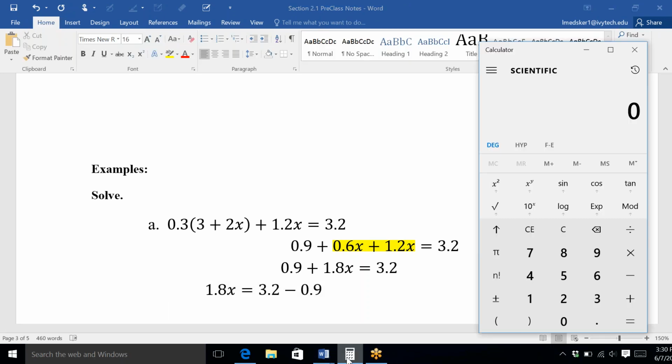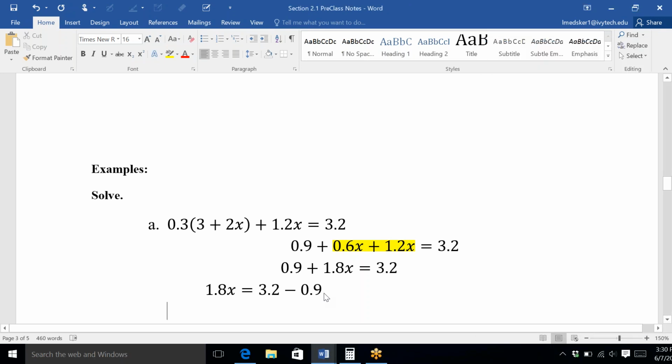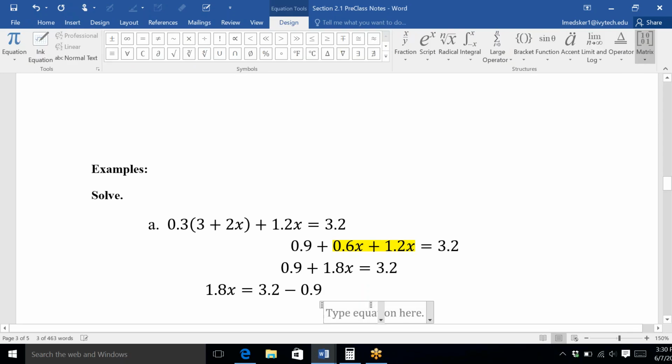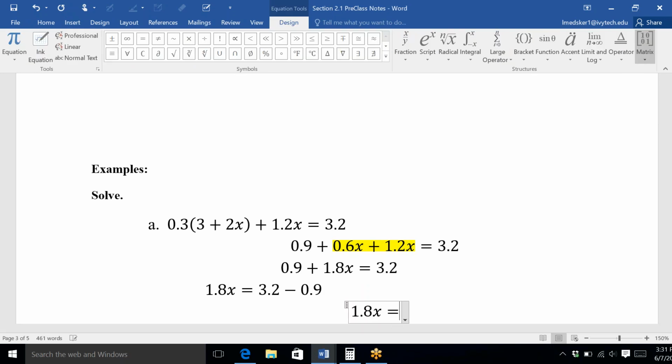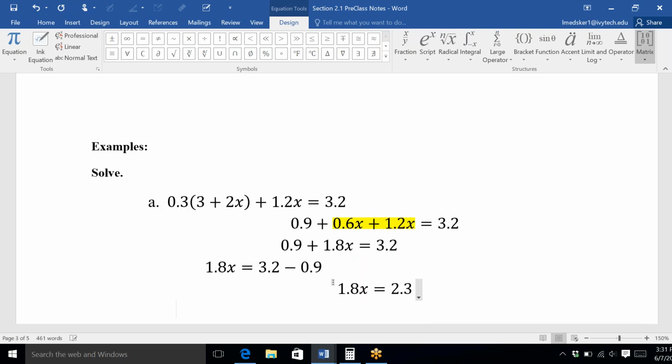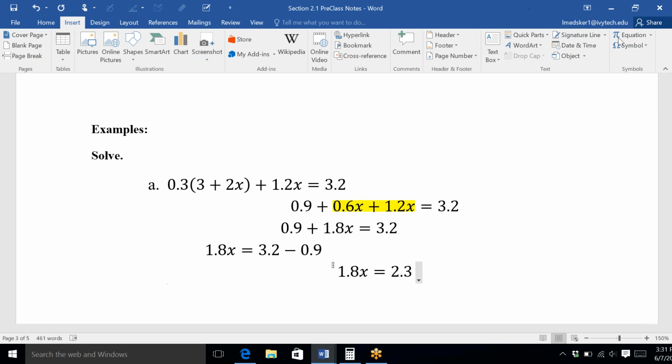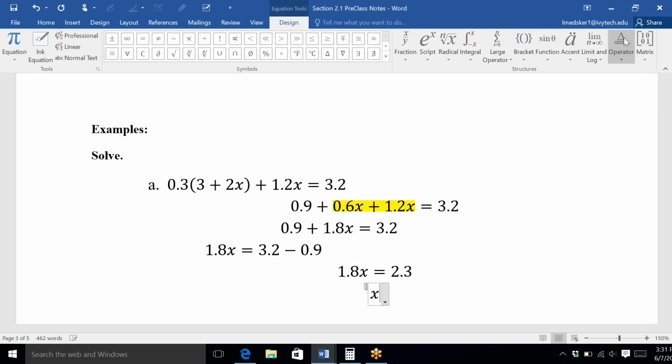And then 3.2 minus 0.9 is 2.3. So I have 1.8x equals 2.3. When we go to divide, because we want to disconnect that 1.8, which is being multiplied by x, you get 2.3 divided by 1.8.